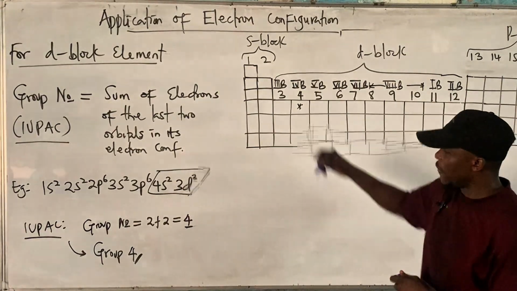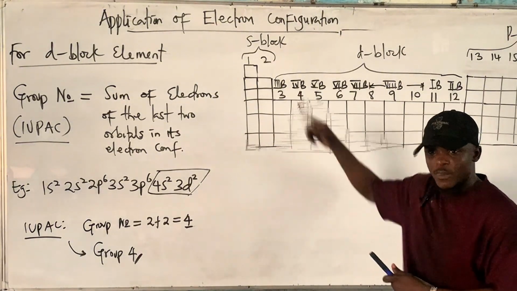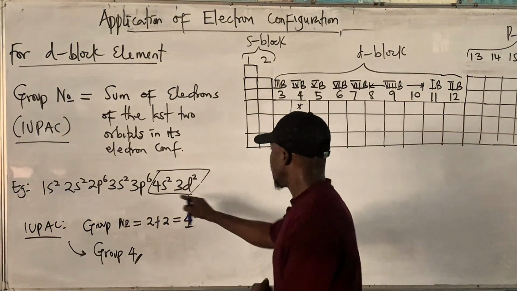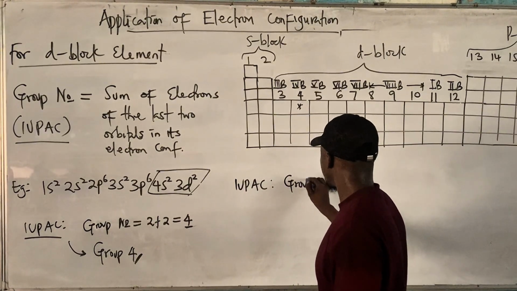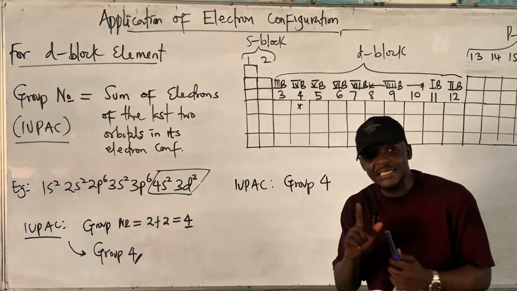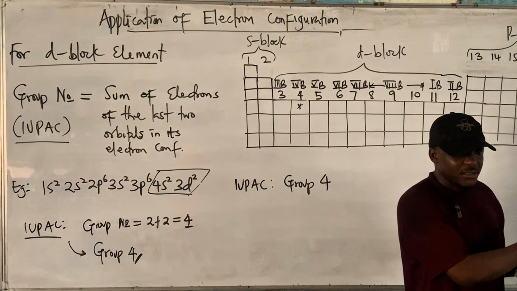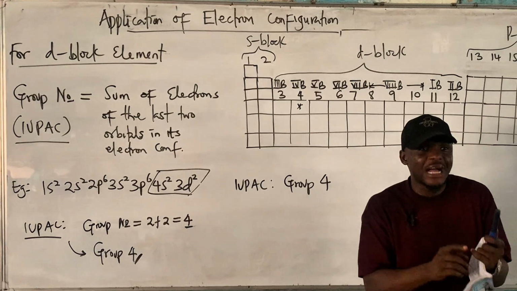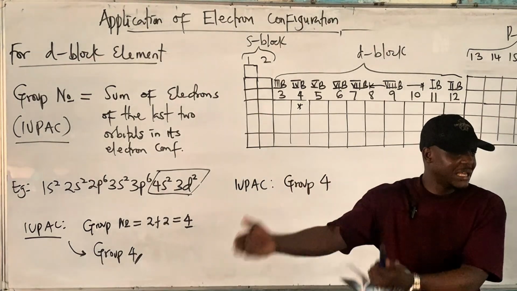Looking at this now, we can see that group 4 is the same as 4B. So according to CAS, for this element, the IUPAC would be group 4. In the first case, you don't have to get the IUPAC to get the CAS. For s orbital, you can do the CAS independently. For p orbital, you can also do the CAS independently.